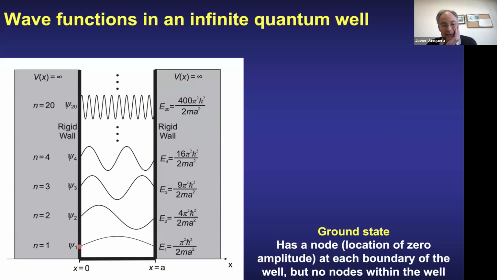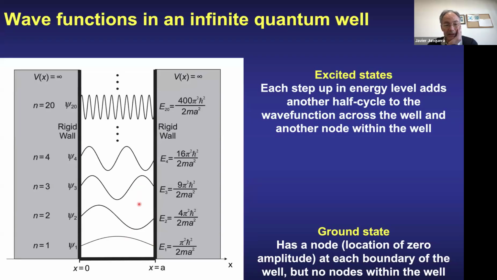So at the ground state, the wave function has a node at x equals 0 and has a node at the other edge of the well, but there are no nodes within the well. However, for higher energies, usually called excited states, each step up in energy level adds another half cycle to the wave function across the well and another node within the well.